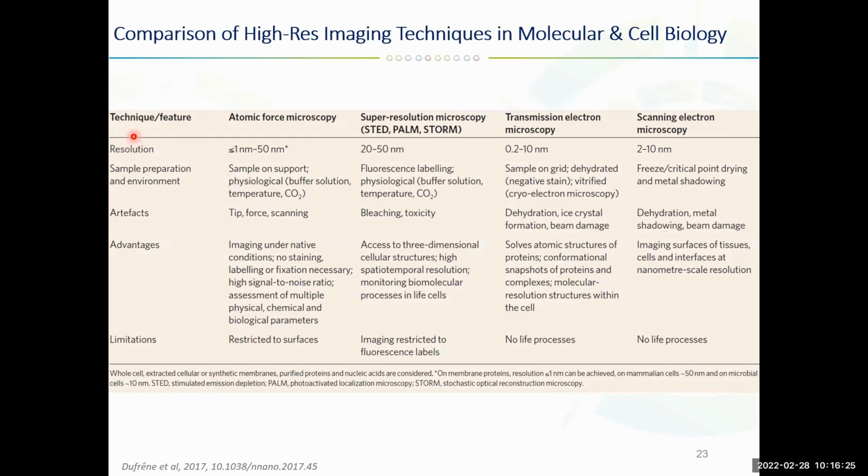So this is the general comparison of all high-resolution techniques in molecular and cell biology. Again, atomic force microscopy, which we are interested in, has a resolution of less than 1 nanometer, but to achieve atomic resolution in this microscopy, we require a certain level of sample preparation.